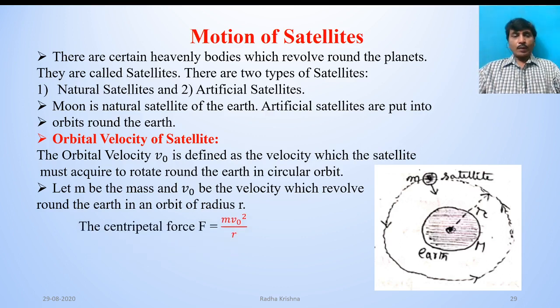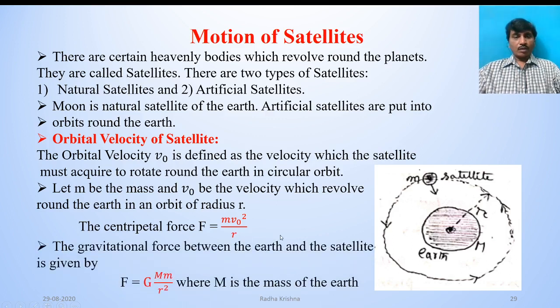The centripetal force acting on the satellite due to Earth is F equal to m v0 square by r. The gravitational force between the Earth and the satellite is given by F equal to G into capital M into small m by r square. This is according to Newton's universal law of gravitation.